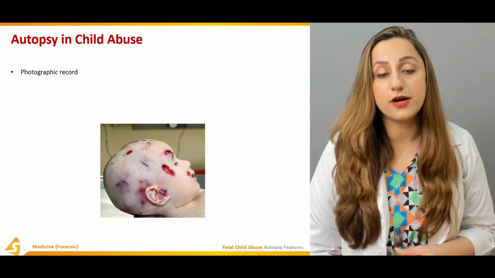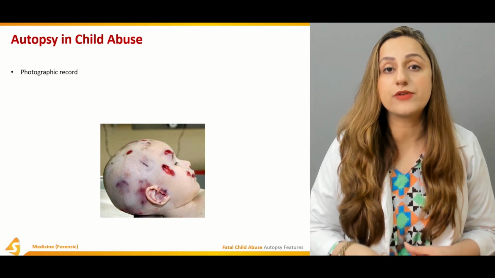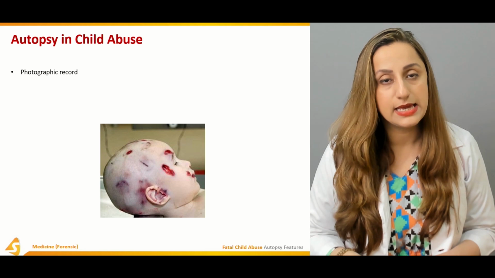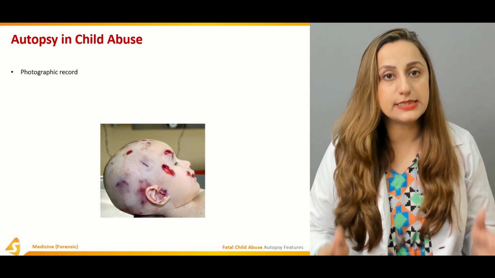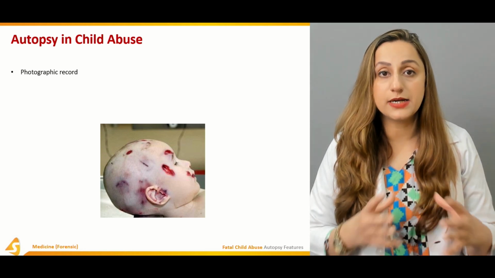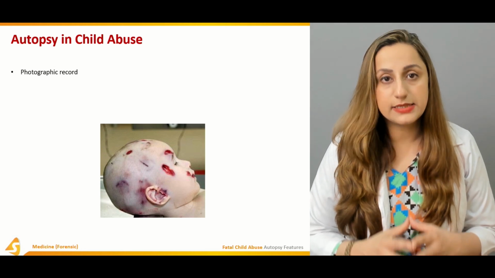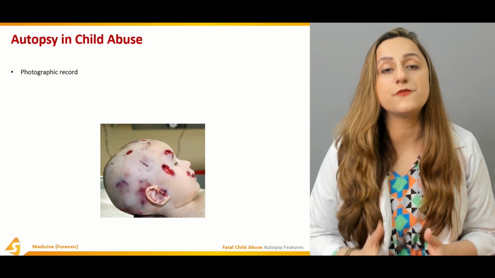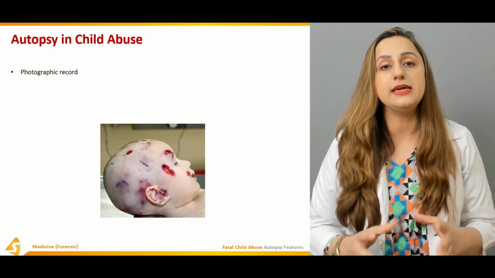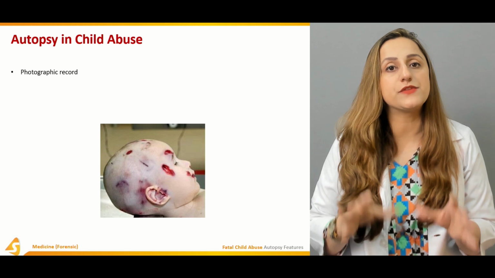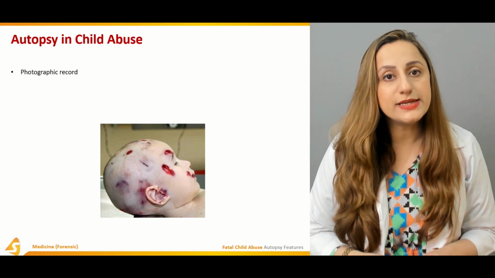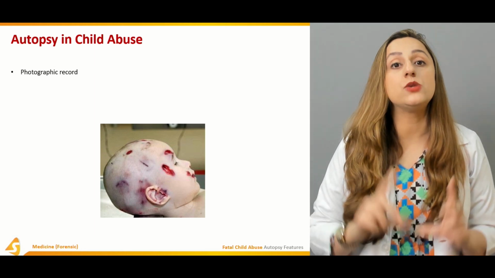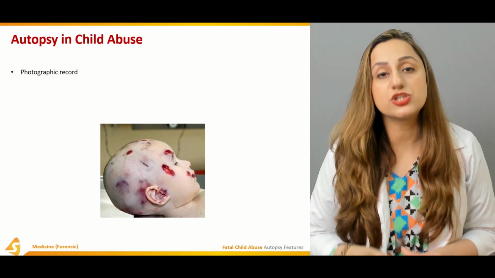We have to have a photographic record of all the injuries. Talking about the external examination, we'll have a complete review of the external examination of the body of the child, and if you visit the crime scene, you will have sequential photography of the crime scene itself as well as the environment of the home in which the child was kept.